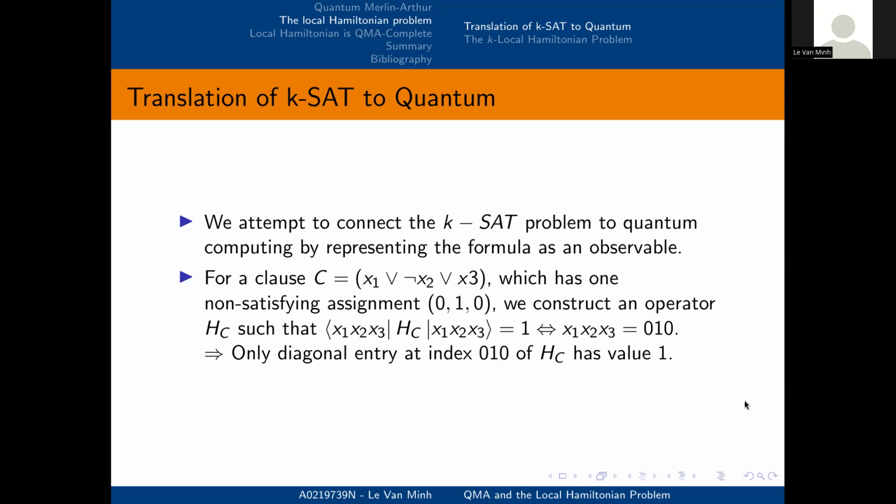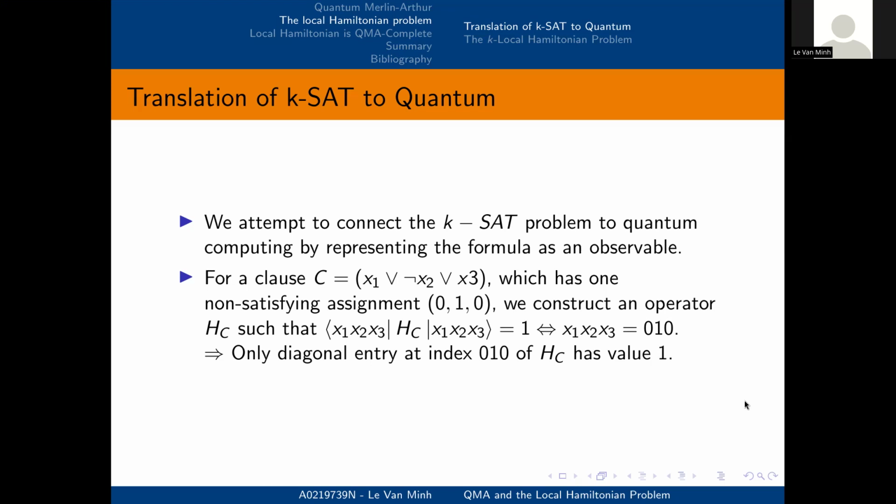For a clause C that has that expression using 3 variables x1, x2, and x3, which has only one non-satisfying assignment, that is 0, 1, 0, we go ahead and construct an operator HC such that the expected value of the state x1, x2, x3 on the observable HC will be 1 if and only if x1, x2, x3 equal 0, 1, 0.